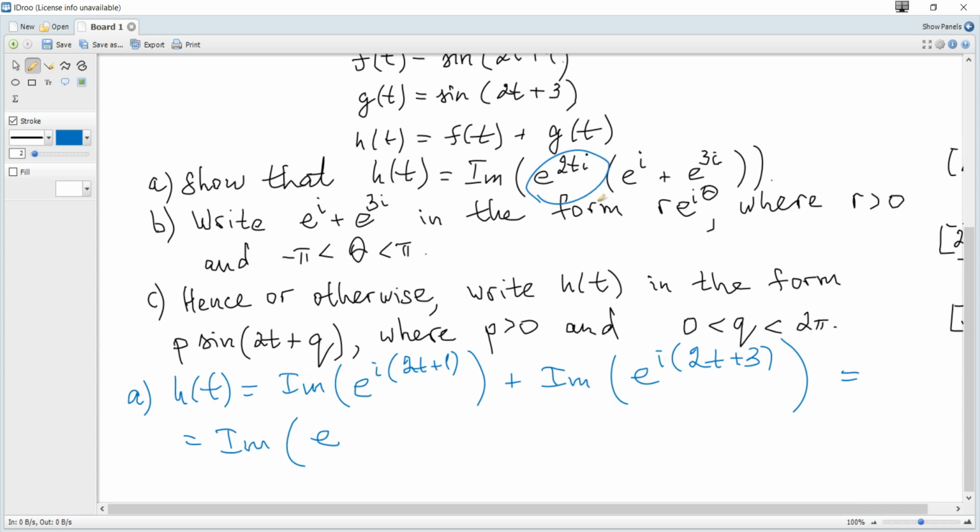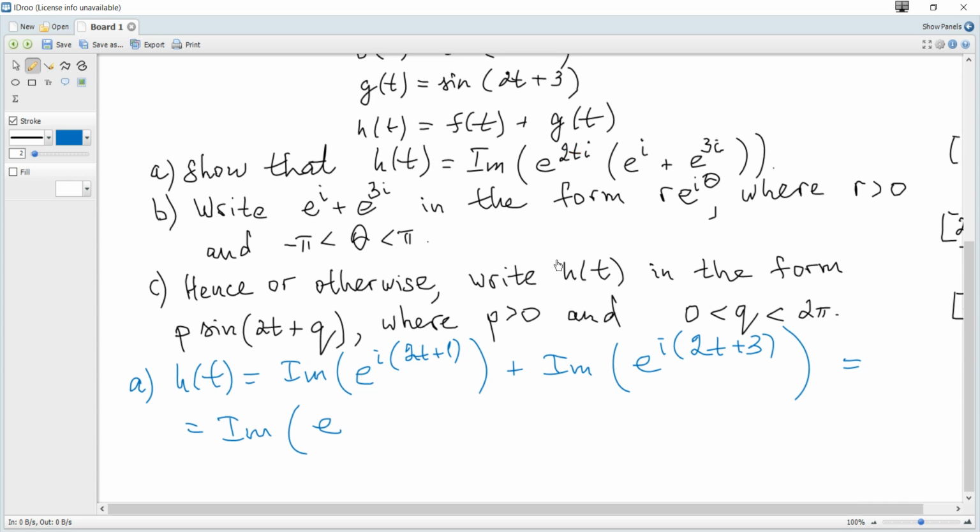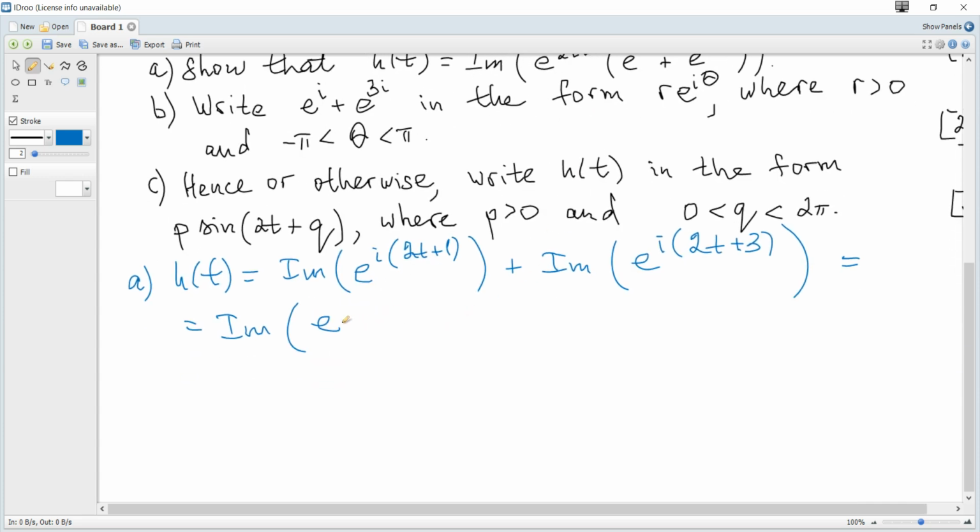You can see that we just need to factor out e to the power of 2ti, so it becomes the imaginary part of e to the power of 2ti multiplied by e to the power of i.